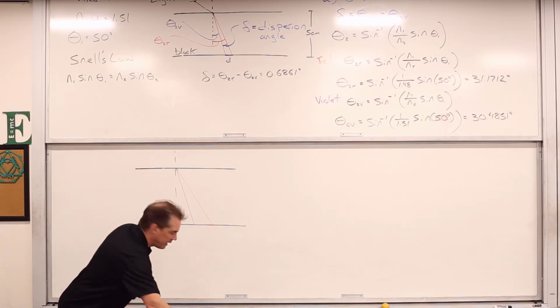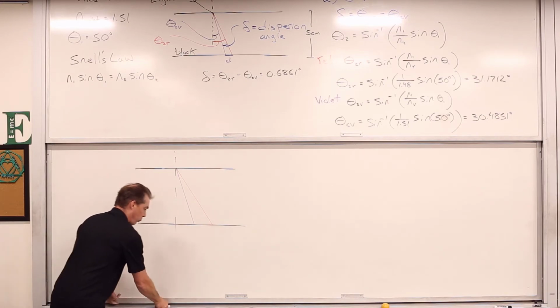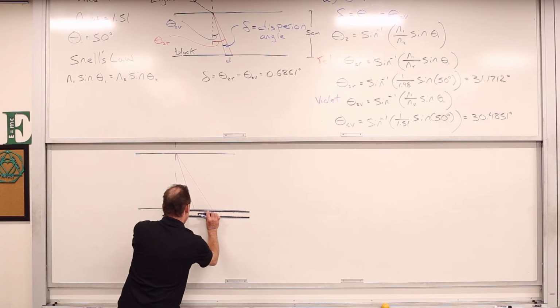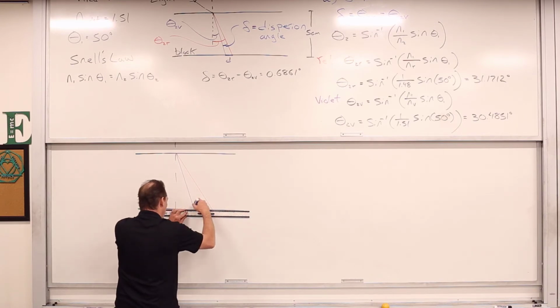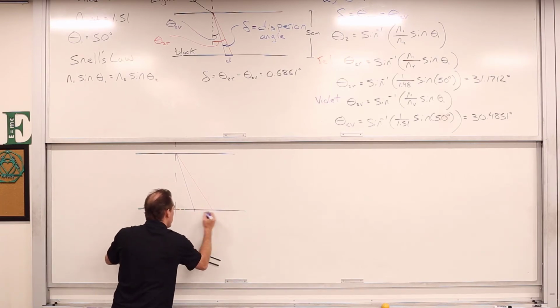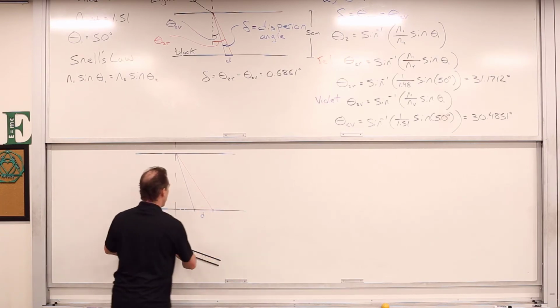So we've got something like this, right? And we explicitly are asked to determine this distance right here. There's our D.